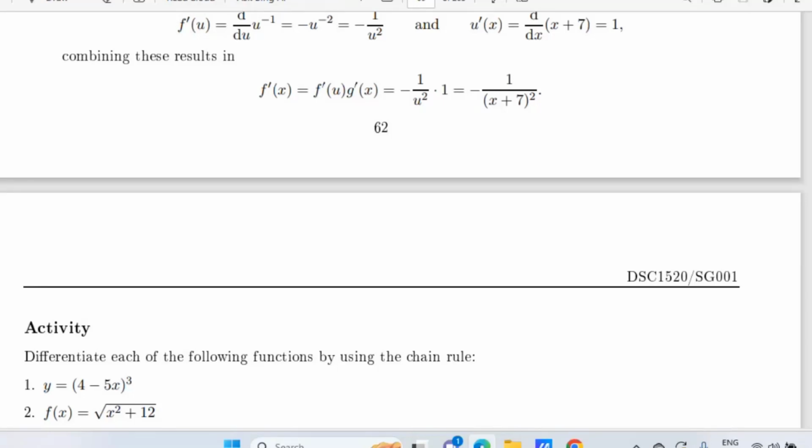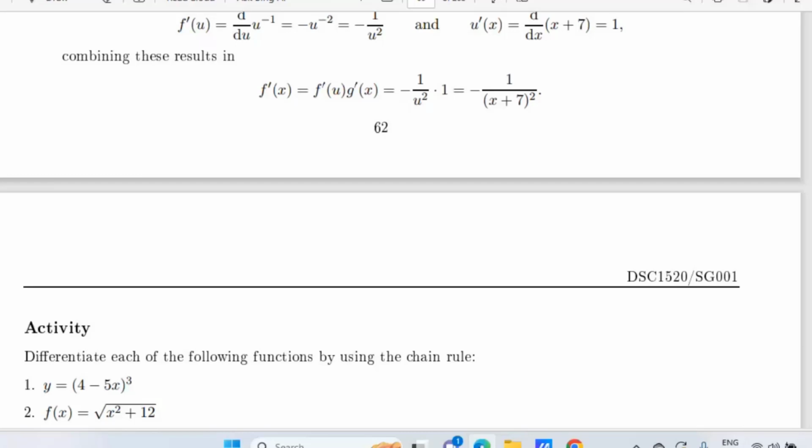I got x over (x squared plus 12) all to the power half, which is the same as the square root.